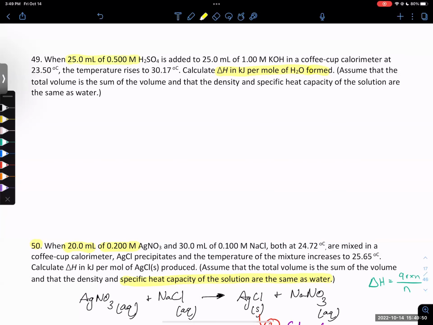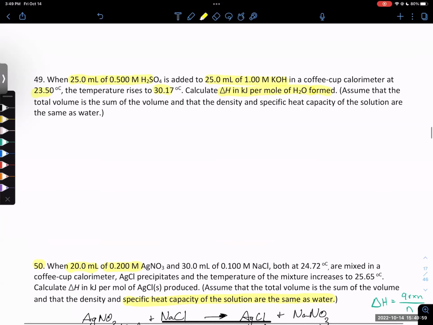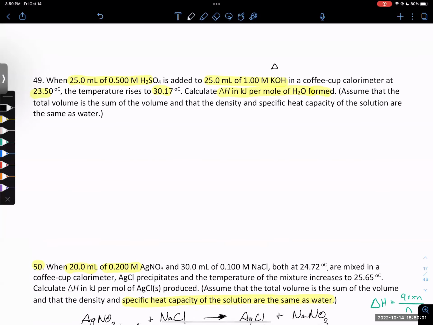So we have this, we have that. And then it says the initial temperature and final temperature. Asking for delta H, which is equal to Q of reaction over moles. And in this case, it's moles of what? Water.